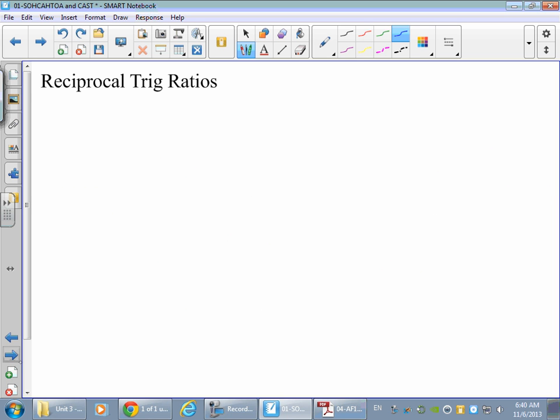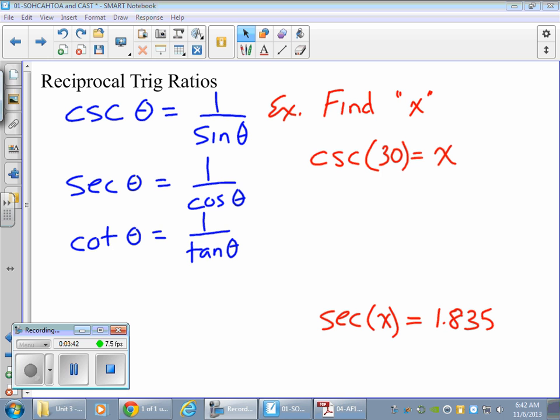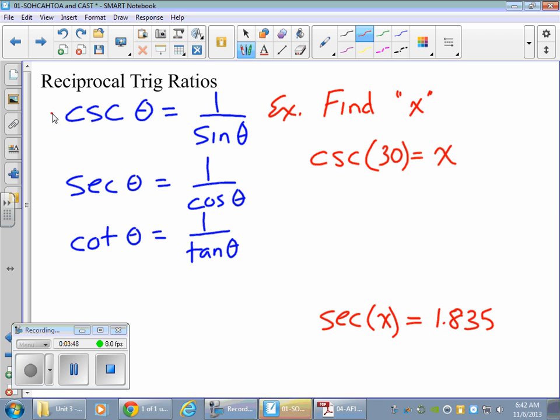Okay, so that's super quick. Talking about reciprocal ratios. The reciprocal ratios are cosecant, secant, and cotan, and all they are is reciprocals of the originals. Cosecant is the same as 1 over sine, secant is the same as 1 over cos, and cotan is the same as 1 over tan.